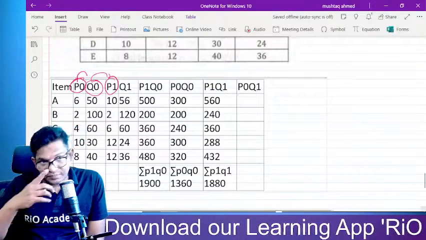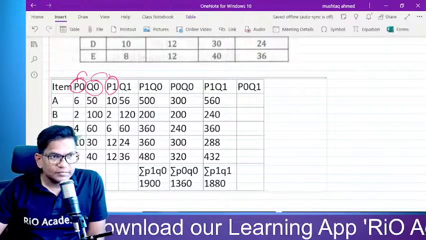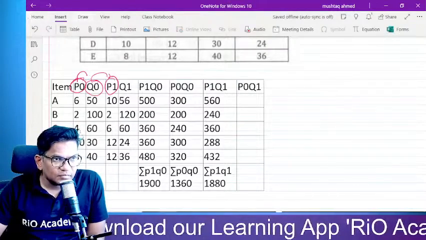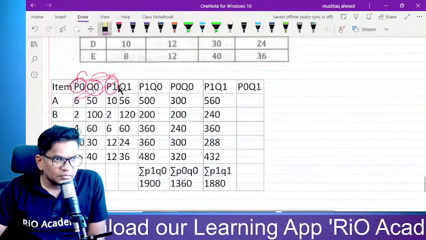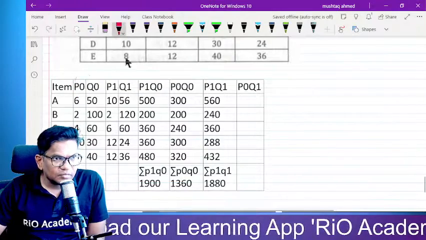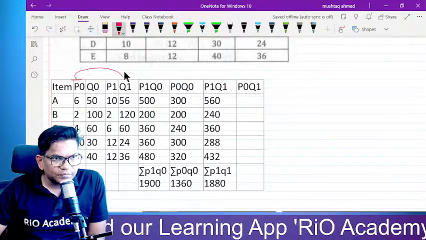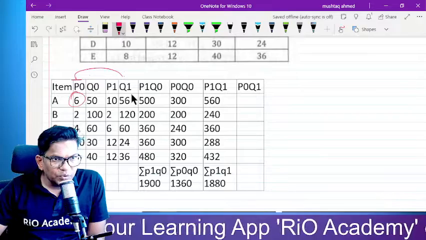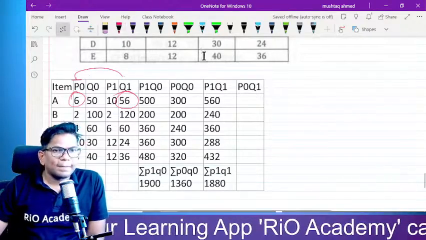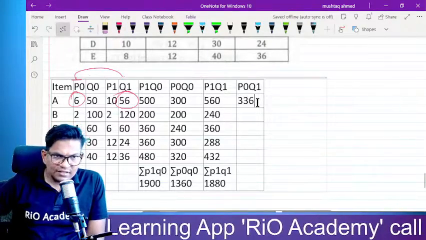P naught Q1. 336. 6 into this one, 56, yes, 336.